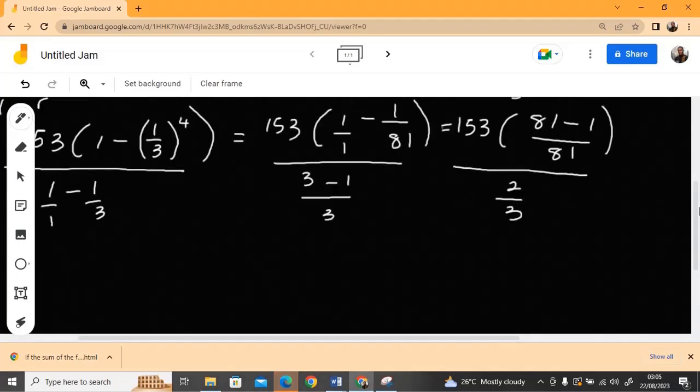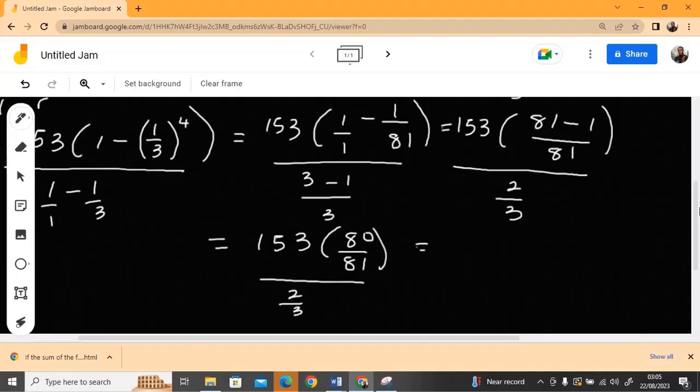Now we have 153 times 81 minus 1, which is 80, over 81, all over 2 over 3. So in this bracket, you can multiply 153 times 80, that is 12,000.